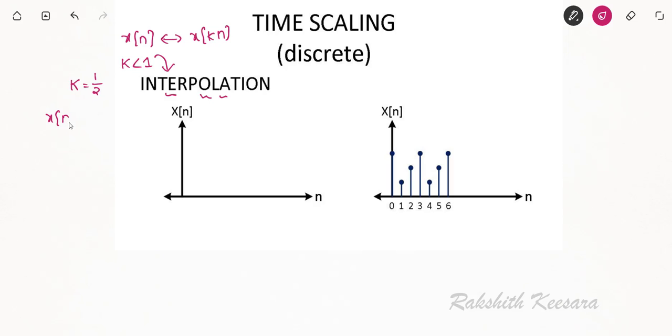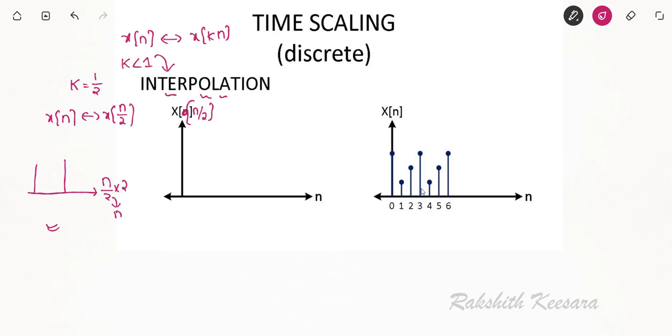Here for x of n I need to plot x of n by 2. Now what will happen is, with my signal unaltered, my axis will be changed to n by 2. So to bring this back to n, we should multiply the whole axis by 2.